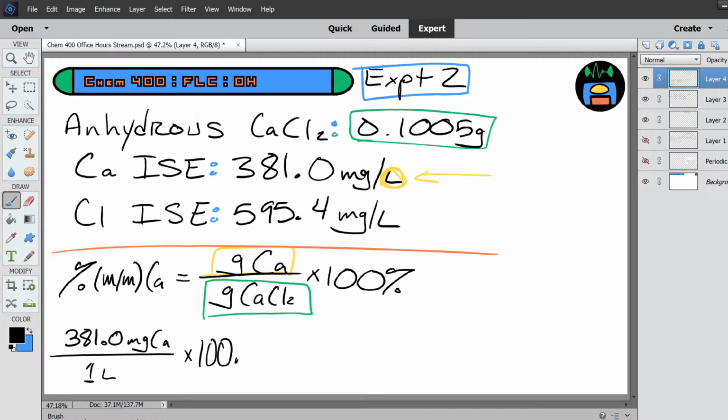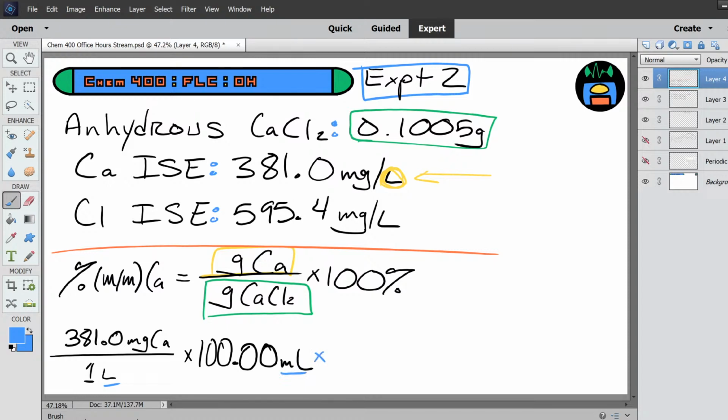Whoops. The reason why I said whoops there is because not Erlenmeyer flask, volumetric flask. And volumetric flasks have 2 decimal places.